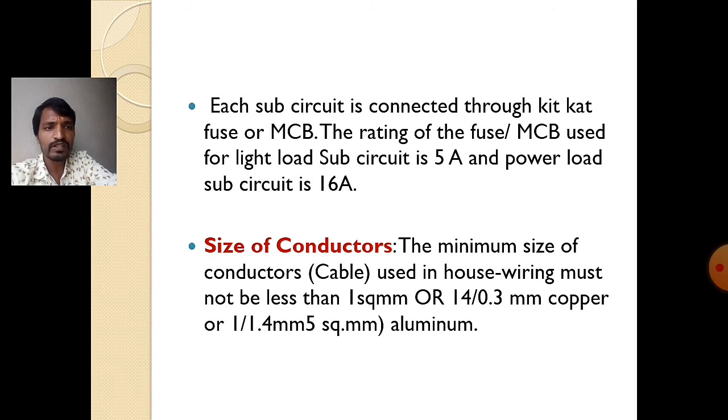These are the gauges of the conductor. For copper, 14 by 0.3 mm, and for aluminum, 1 by 1.4 mm. So the minimum cable should be 1 square mm. Below that we should not use cable for proper house wiring.